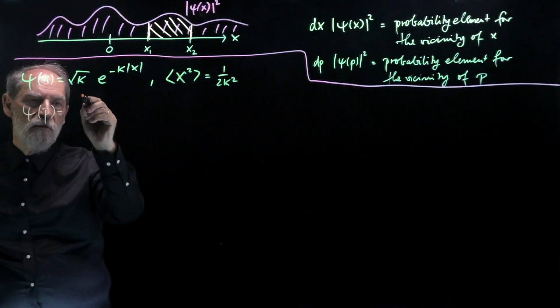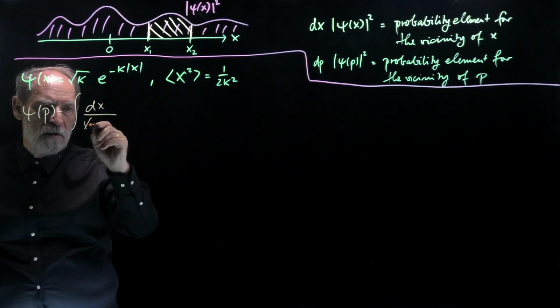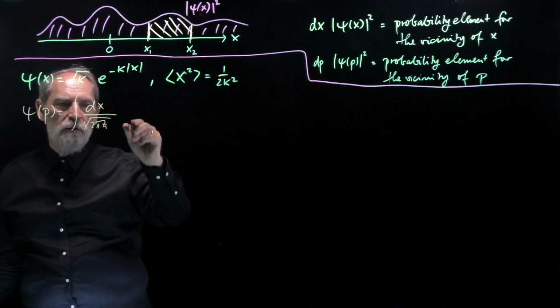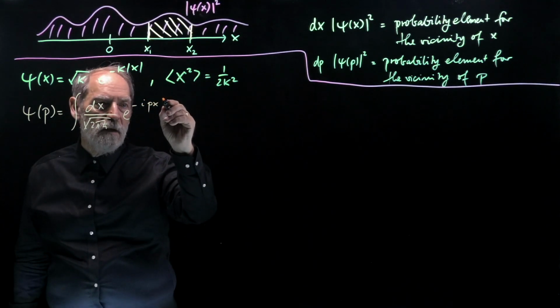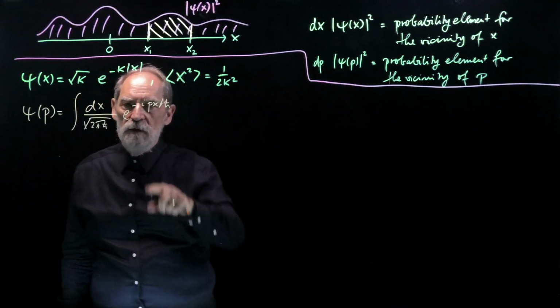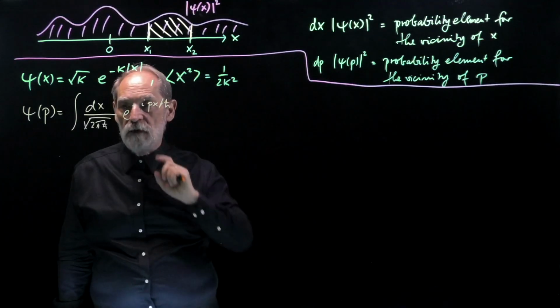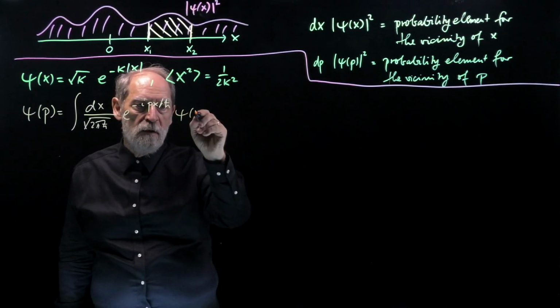According to what we had established a short while ago, we have the integral with the transformation function from an x state to a p state, which is e to the minus i px divided by h bar, and then there is this factor of square root of 2 pi h bar, and here we have the wave function of x.